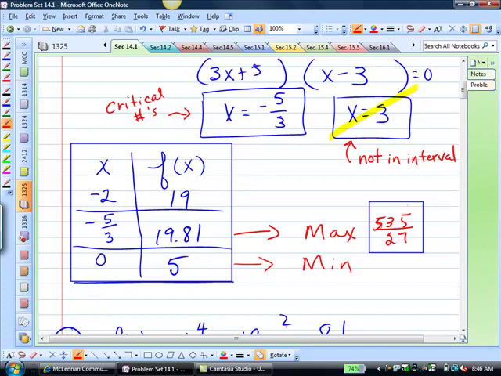Okay? Questions? For this one, did you turn it into a fraction? And did you get this? Did somebody else say they did get it? Did you have more digits besides 19.81? 1981 over 100.